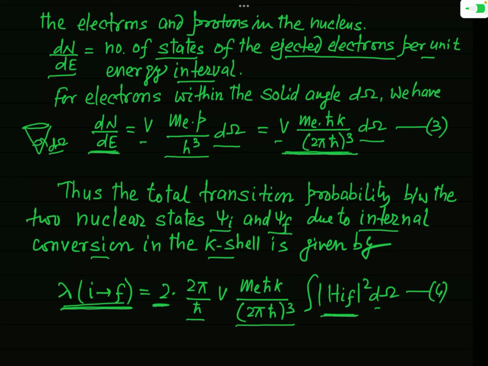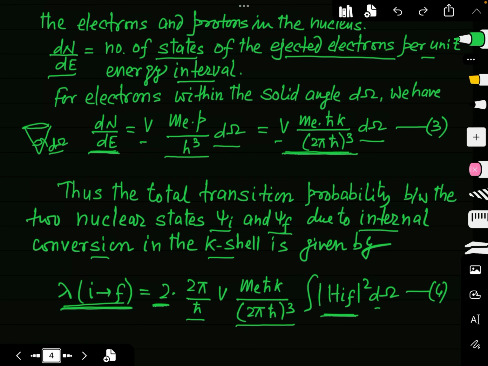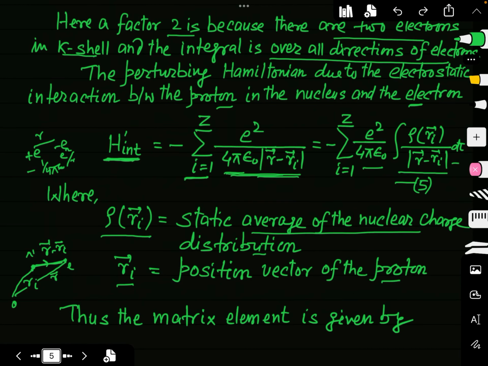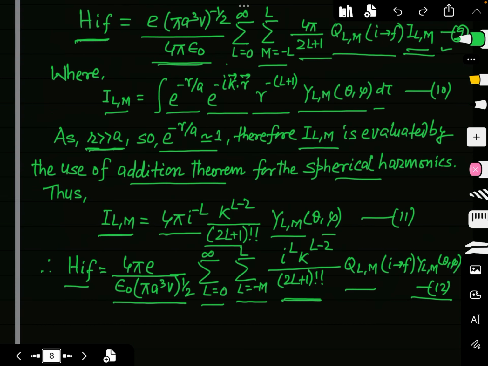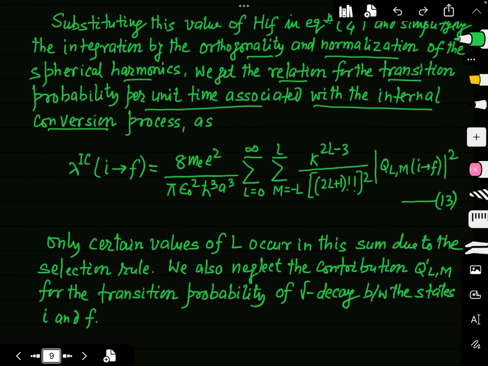But when you substitute the value of HIF in this equation, you must evaluate the integral, and as I have told you, that integral will be evaluated by the use of the orthogonality and the normalization condition for the spherical harmonics.